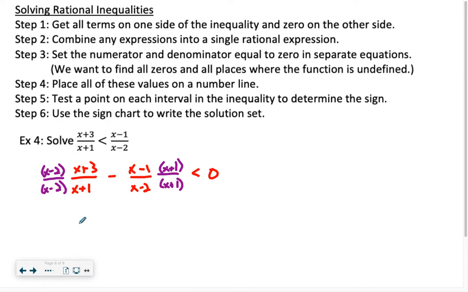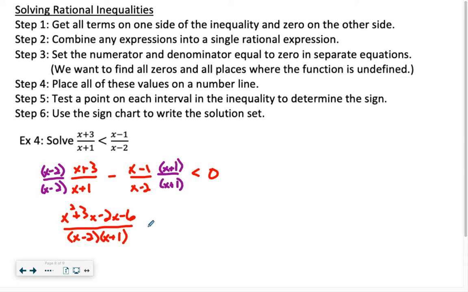In my numerators, I'm going to have, let's see, x squared plus 3x minus 2x minus 6. Now I'm going to leave my denominator factored because I know the goal is going to be to find the zeros, but I'm going to be able to combine like terms in the numerator.